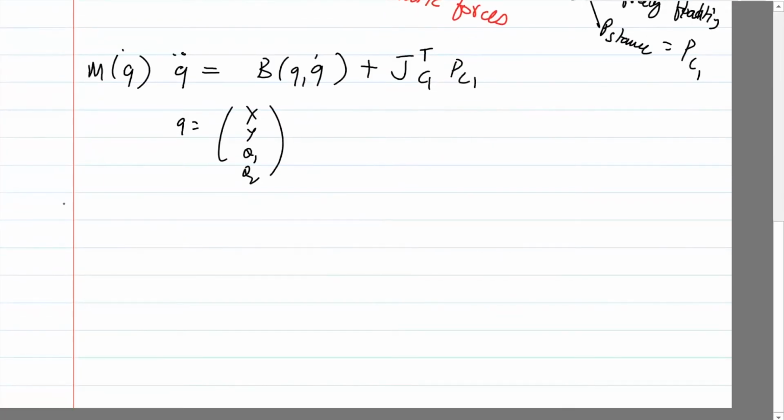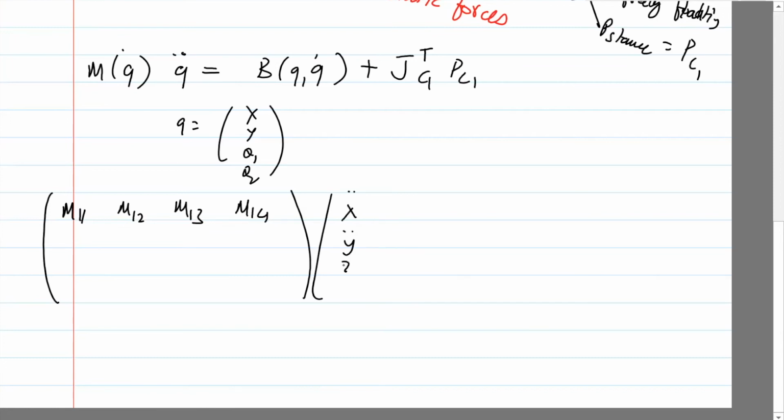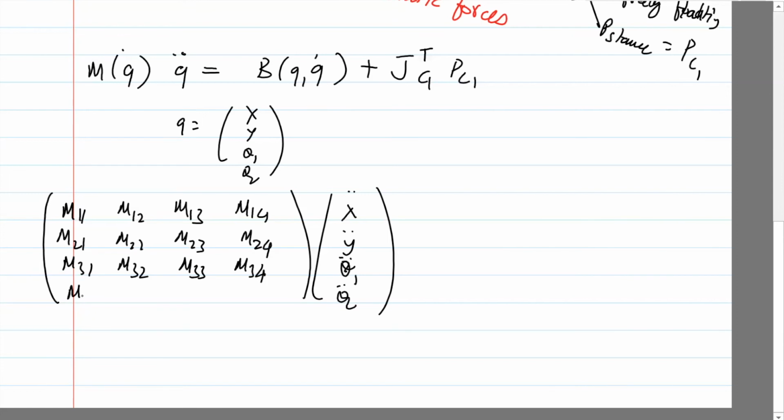Okay, so this expression actually looks something like this: m11, m12, m13, m14, x double dot, y double dot, theta 1 double dot, theta 2 double dot, and then m21, m22, m23, m24, m31, m32, m33, m34, m41, m42 equals b1, b2, b3, b4.